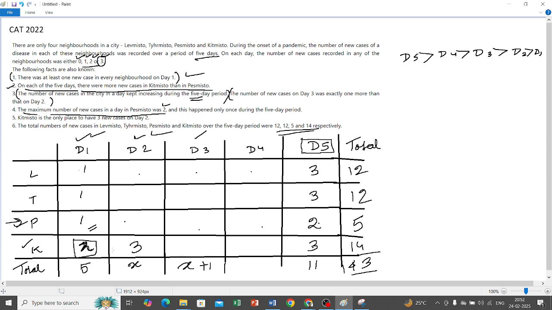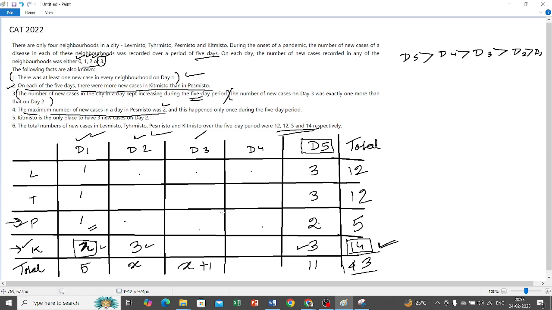Okay. On the other end, if you see this one, the K row, in this row I already have 3 values, 2 plus 2 is 3 and 3. So 3 plus 2 is 6, 6 plus 2 is 8. Think about it. My total number of cases should be 14. In K, what should my total number of cases be? 14. How many cases do I already have? 3 plus 3 plus 2, that is 8 cases. How many more do I need to form 14? 6 I need, right?